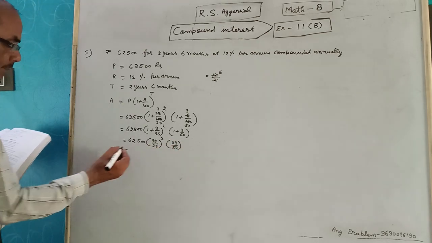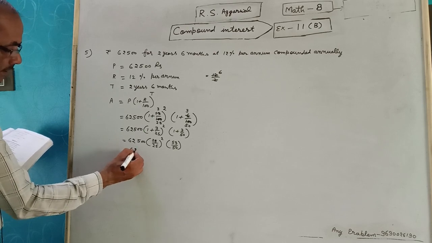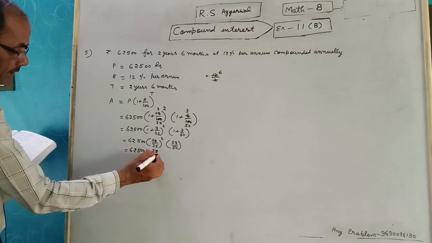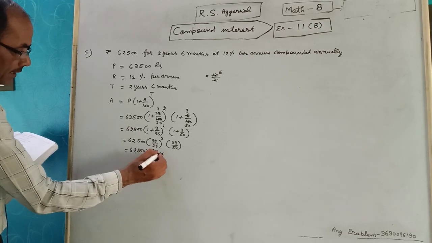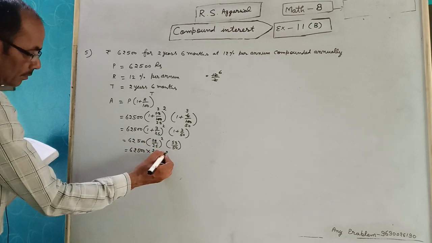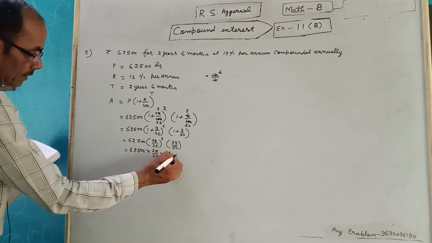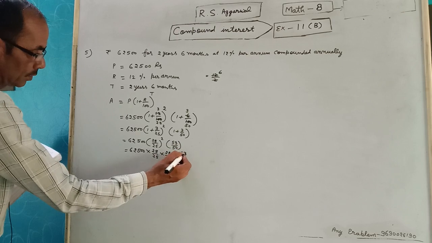Write the expanded form. 62,500 times 28 upon 25, write according to power. Power is 2, so we write 2 times, and 53 upon 50.